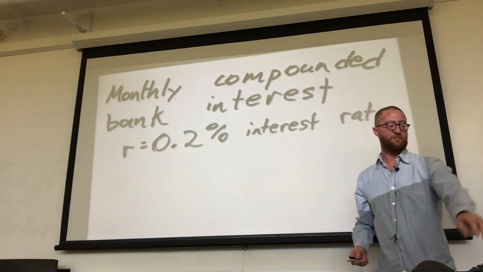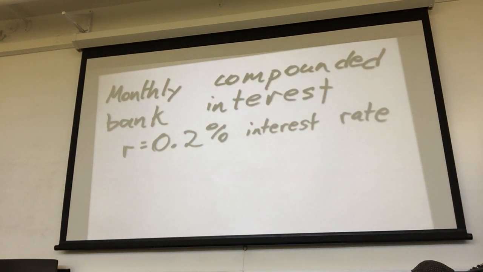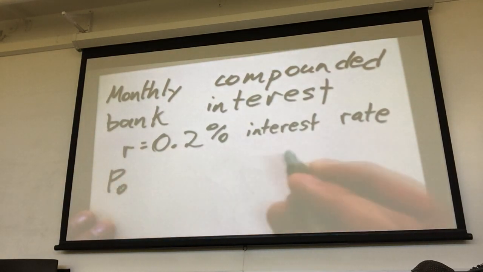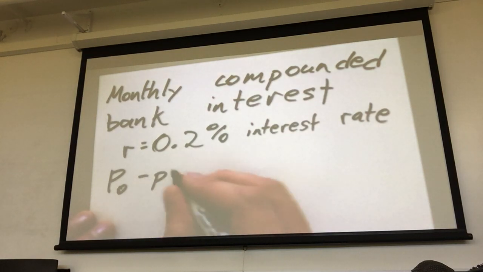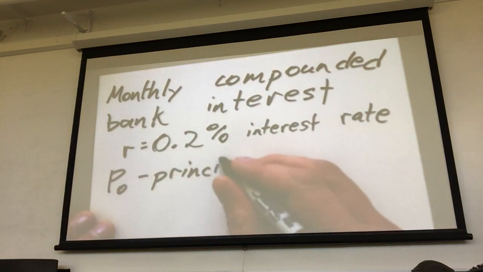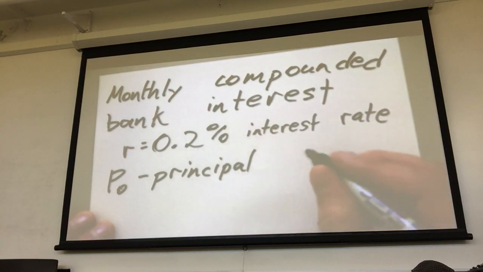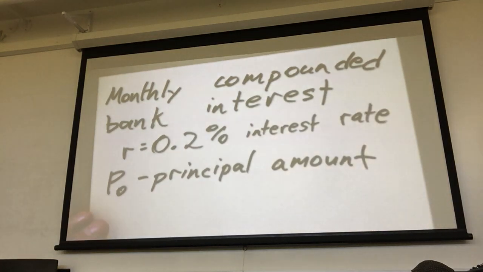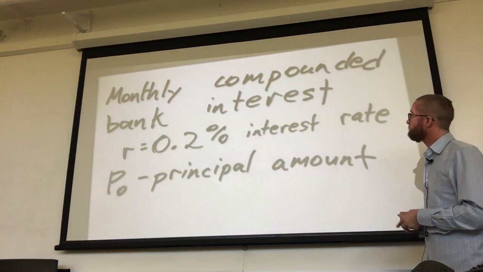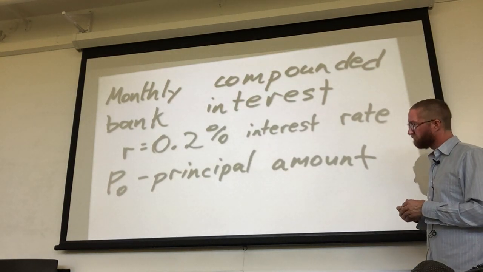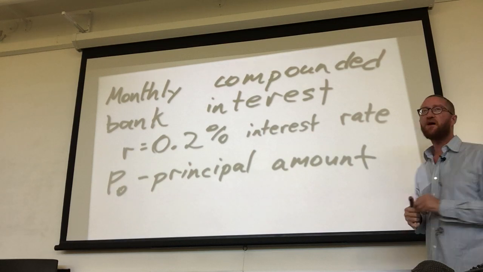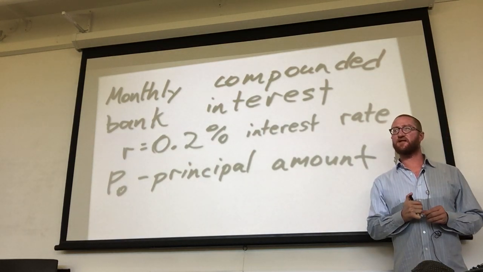So, let's say the amount that you invest in your account is P naught, and we will refer to this as the principal amount. All right. So, let's consider this actually as a sequence.